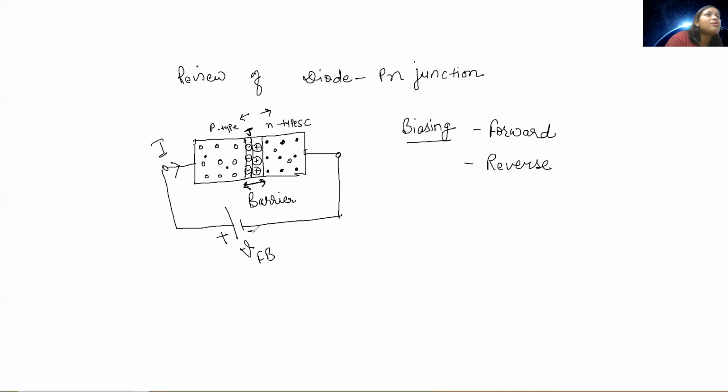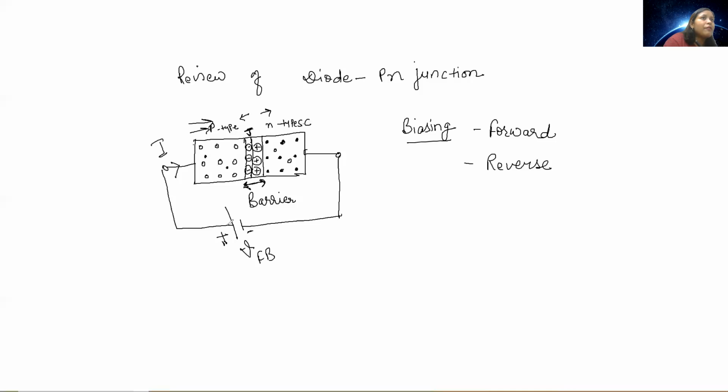Now, this external voltage or bias is nothing but electromotive force. Voltage is also called electromotive force. It is nothing but a force applied on the electrons for their motion. When the positive terminal of the battery applies force on the holes of p-type material, they are pushed towards the junction. Are you getting this point?